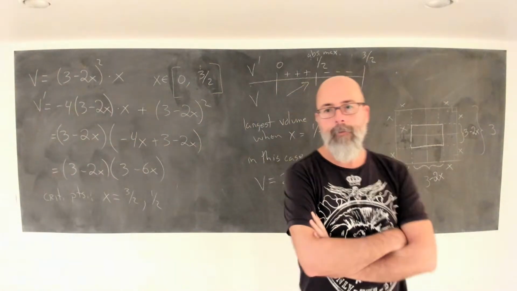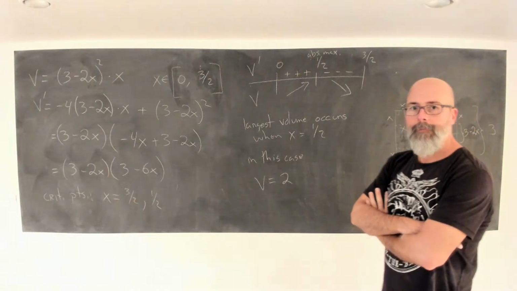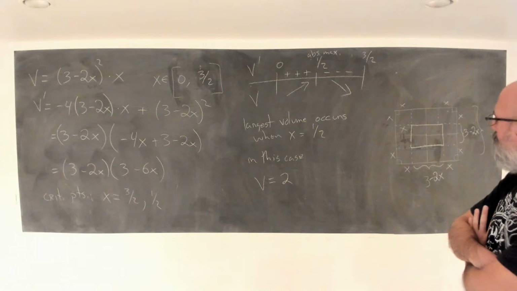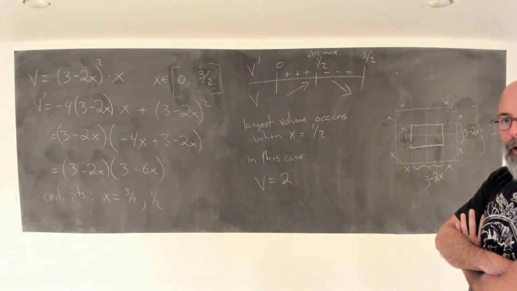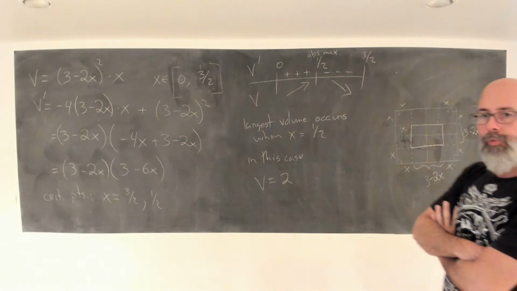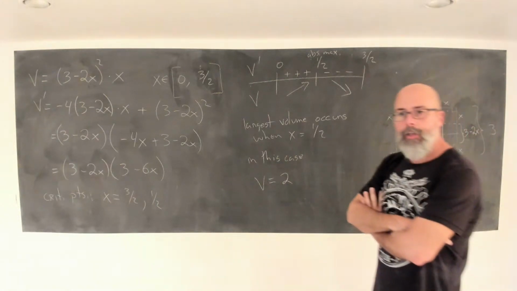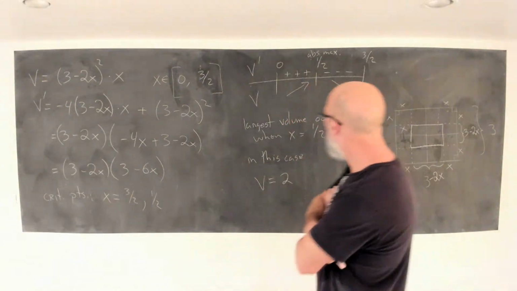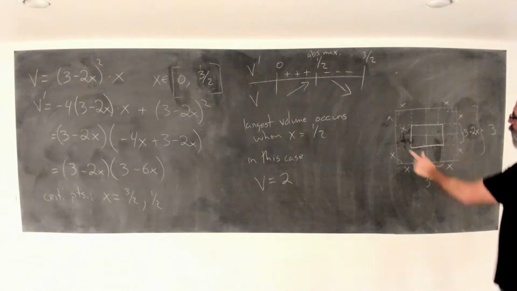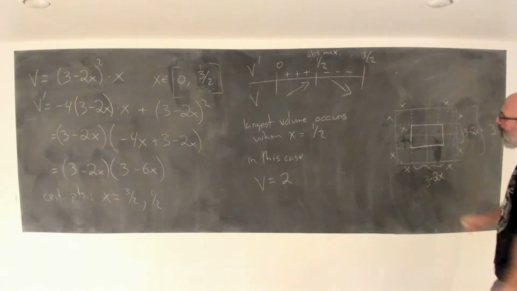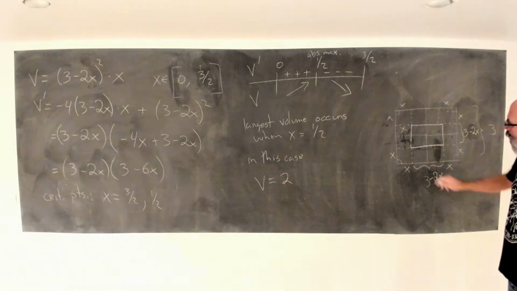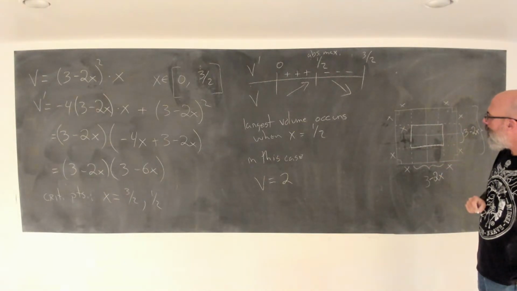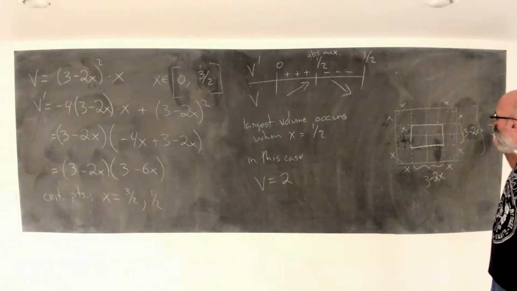How are we doing here? Questions? Anyone? Seems like, why can't the x be bigger than 1.5? Well, you're cutting out 2 squares out of a side that has length 3 feet.